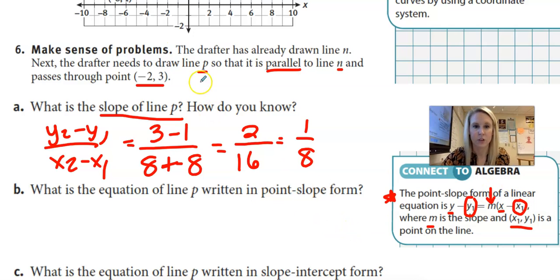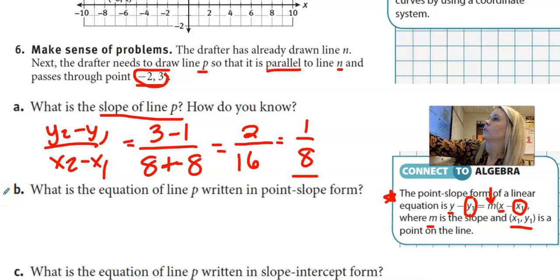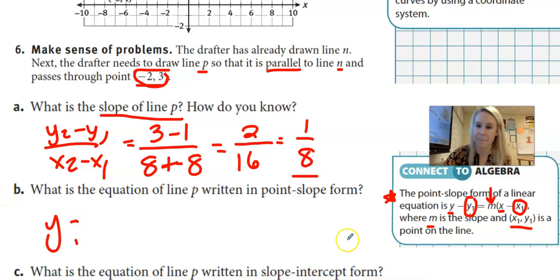Okay, so I'm going to take my point up here and the slope that I just found and write it in point slope form. So y minus, here's my x sub 1 and my y sub 1.